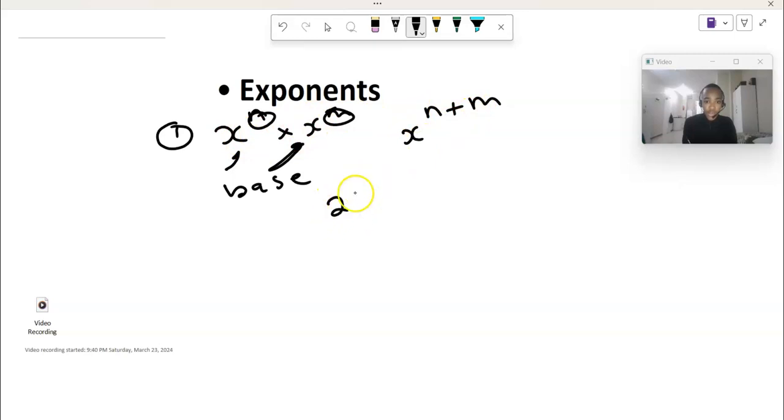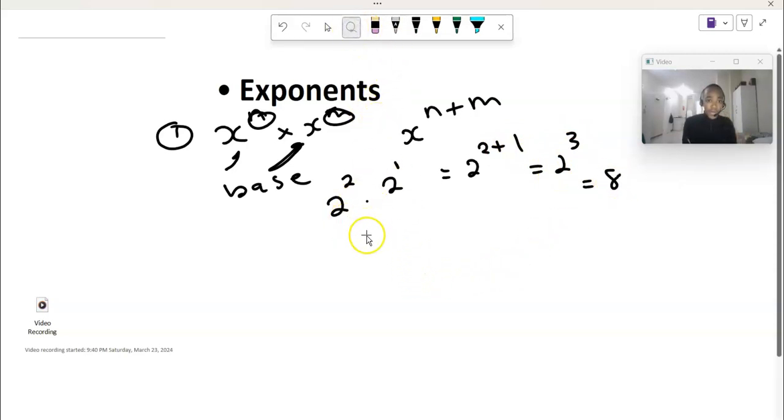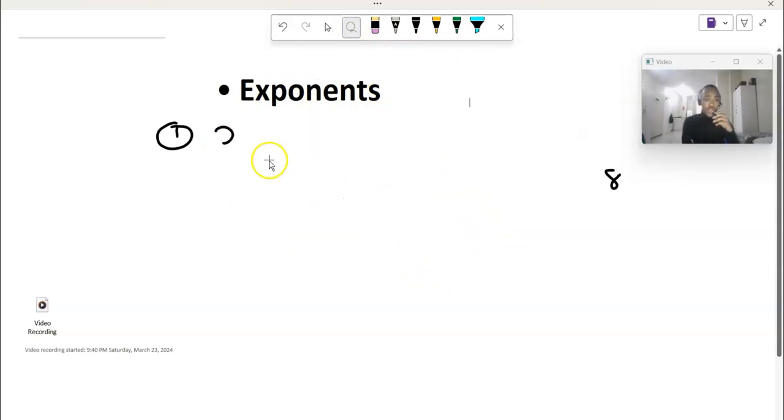For instance, if we have 2^2 times 2, we notice that here there's a 1, so it's 2 plus 1, which is 2 cubed, which is 8, right? This is the first characteristic that one should know, which is the most important one.